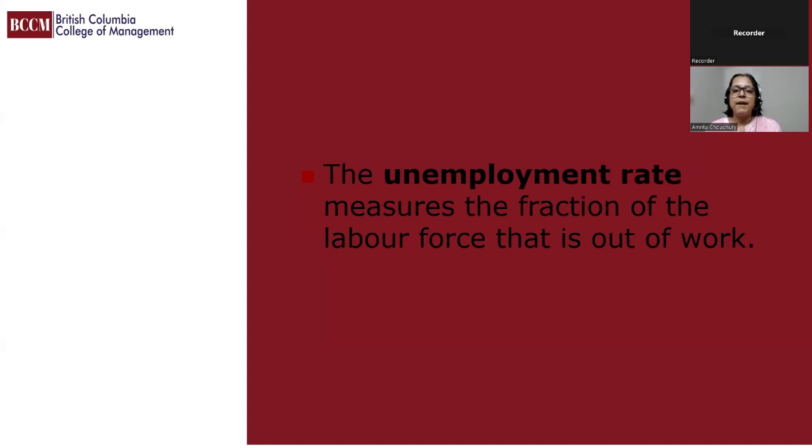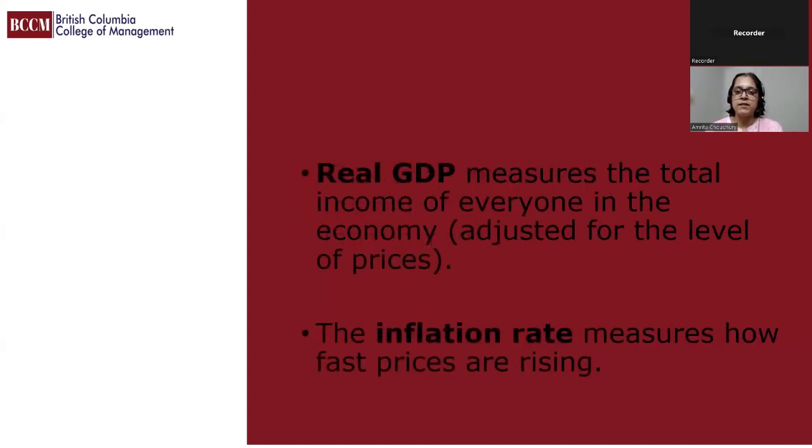So, for the time being, we are just saying that the three most important macroeconomic indicators used to measure the performance of an economy are real GDP, which measures the total income of everyone in the economy, adjusted for the level of prices. Then we have the inflation rate, which measures how fast the prices are rising.